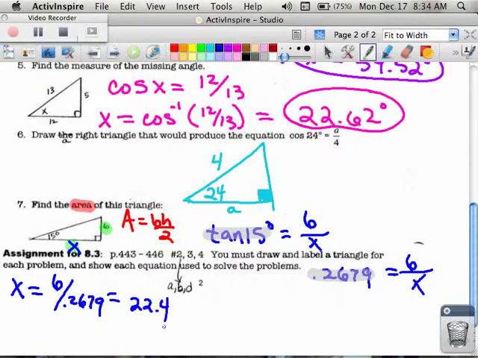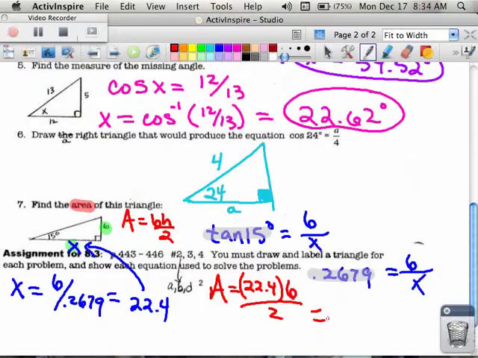Now I'm not done with this problem, but I needed that so that I could use my area formula to find the area of this triangle. So now I go back to my area formula, and I know that the area of this triangle is the base, which we just found, of 22.4, times the height, which they gave me was 6, and then divide that by 2. And when I find that out, that will be the area of this triangle.